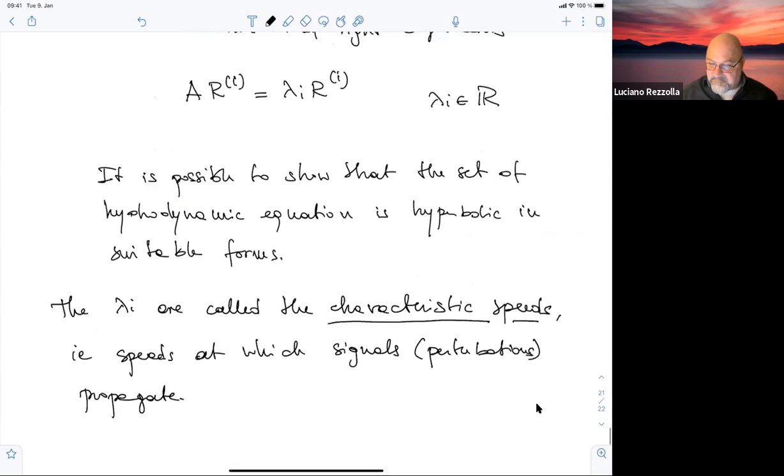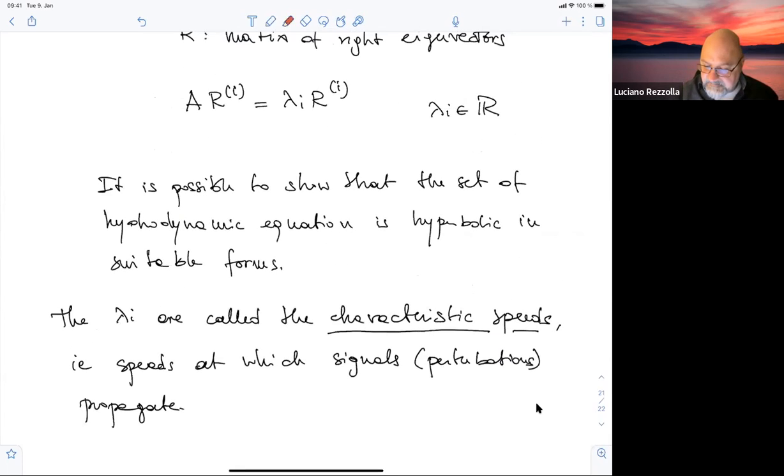And here is the important thing. Lambda I are real numbers. They are not infinite. They are not diverging. So a hyperbolic system is a kind of system that represents physics as we understand it, where signals propagate at finite speed.